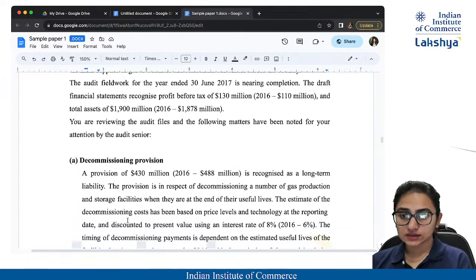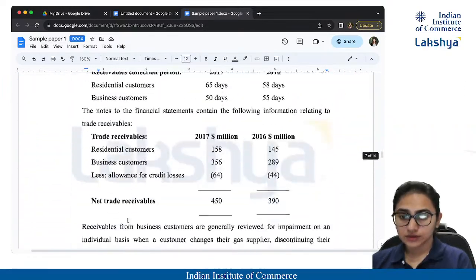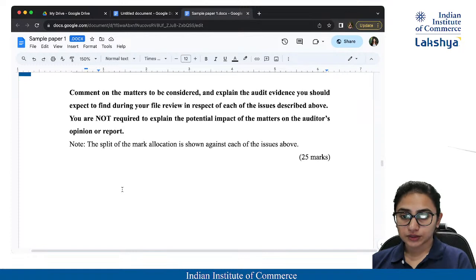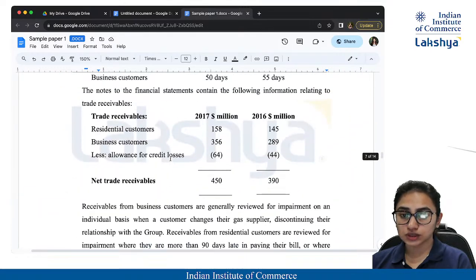And then this is another part, where you have to comment on the matters to be considered and explain the audit evidence you should expect to find during your file review in respect of each of the issues described above. You are not required to explain the potential impact of the matters on the auditor's report. The split of mark allocation is shown against each of the issues above.